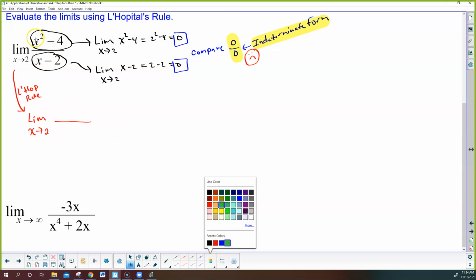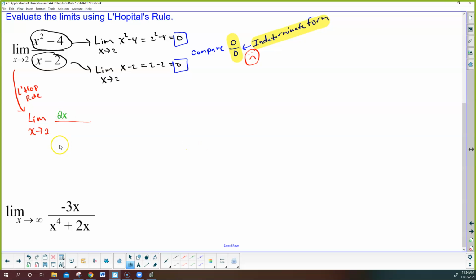Right now, these are just really friendly. We take the derivative of x squared minus 4, which is just 2x, and the derivative of the bottom, which is 1. Notice that taking the derivative actually reduces out this 0 over 0. Now I'm confidently putting an equal sign.